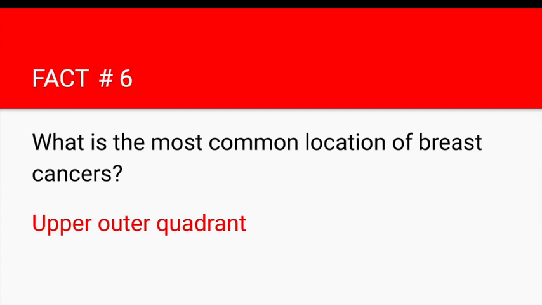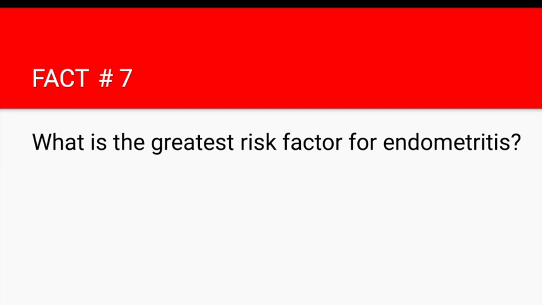What is the greatest risk factor for endometritis? C-section. So these patients usually present with fever and uterine tenderness like 2 days after a C-section.